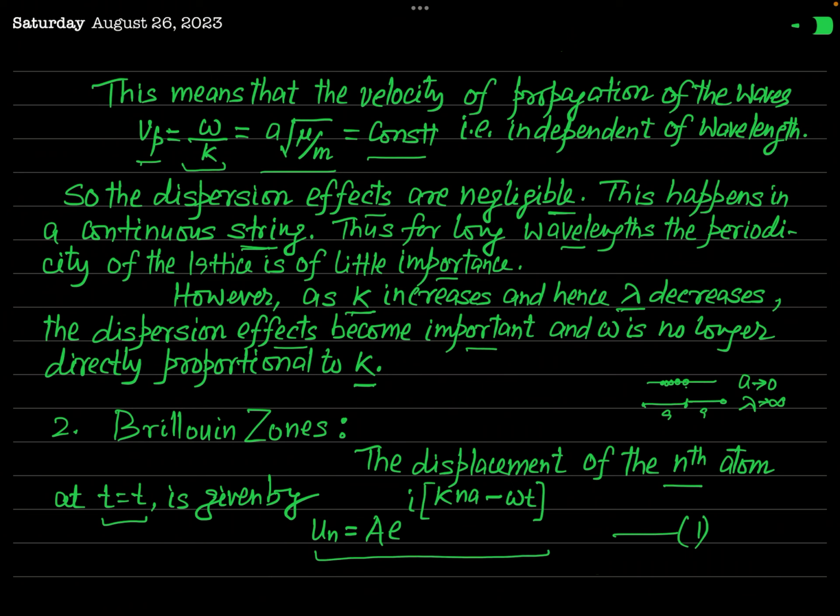You have seen this equation in the first part of the lecture, so I have directly written it here. This u_n refers to the displacement of the nth atom at any time t from its equilibrium position, and u_n is given by A times e to the power i(kna minus omega t). You can remember it because you have seen this formula in the previous lecture. Okay.